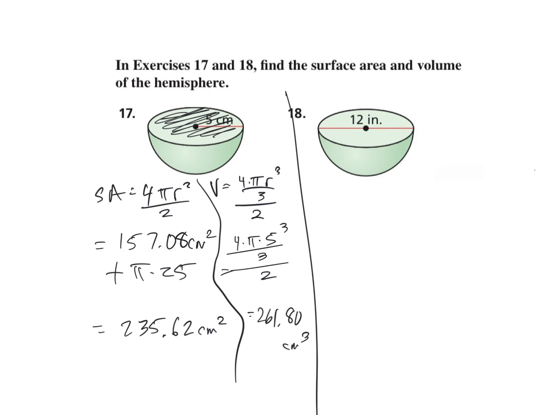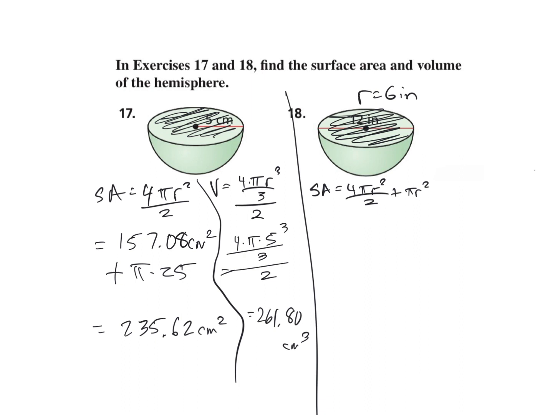Okay, so number 18, radius is 6. Pay attention. Surface area, again, is going to be the 4 pi r squared. We're going to divide by 2, but then we have to add the pi r squared surface, the flat surface there. All right, so we're going to take the radius 6, we're going to square it. So that's 36 times pi times 4.